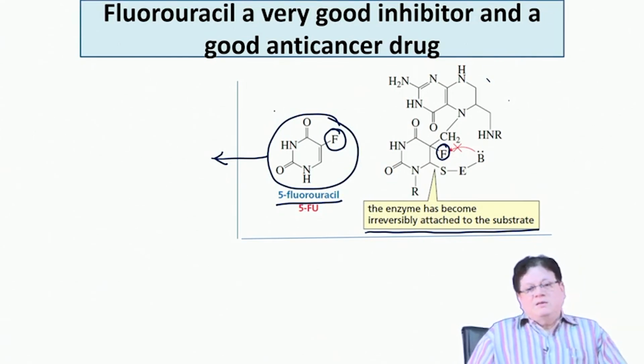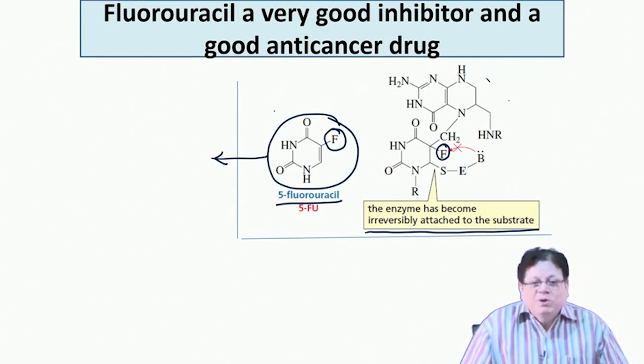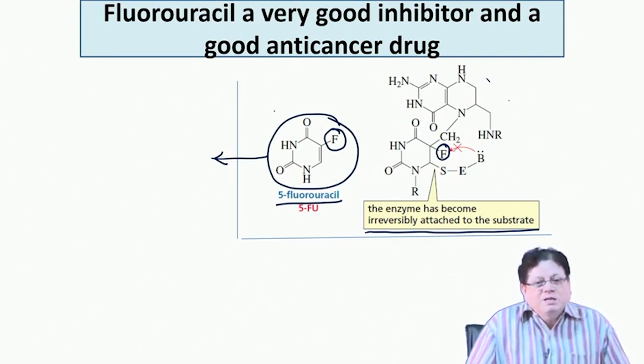So, there are two anti-cancer drugs, one I told about methotrexate, and now we see that 5-fluorouracil is also a very good anti-cancer drug. Methotrexate works by inhibiting the dihydrofolate reductase. It is a non-covalent interaction, but the binding is very strong.